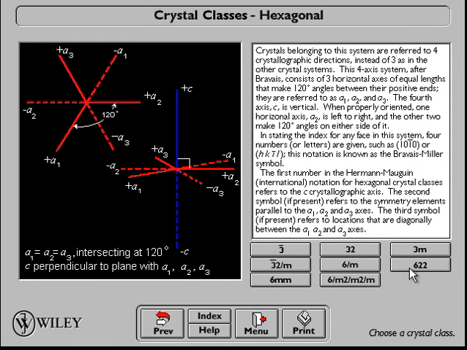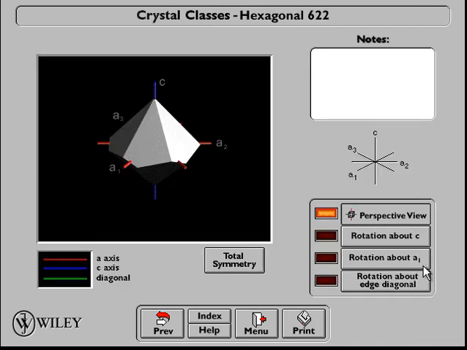Now we are going to our next slide, and going to 6 2 2. We have here a hexagonal rotation axis, and we have twofold rotation axes, that is 6 2 2. Is this true? So yes, here we have C, we have here A1, A2, A3, then we are going to the total symmetry.